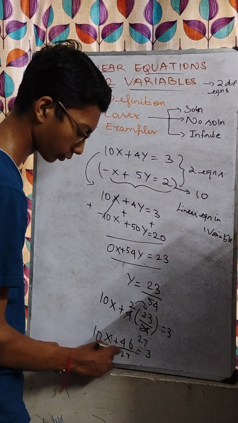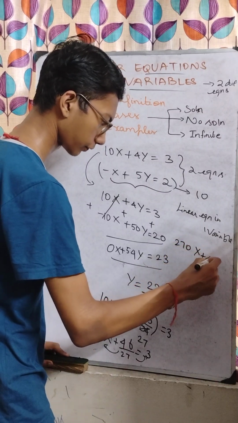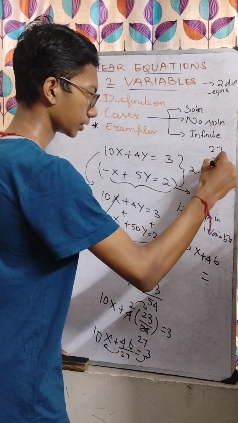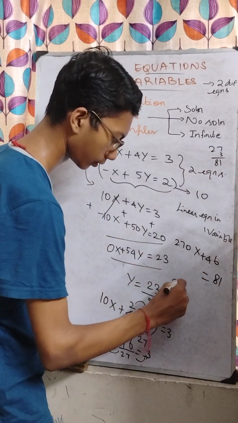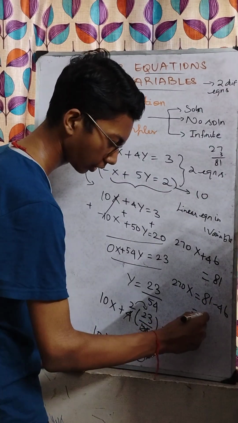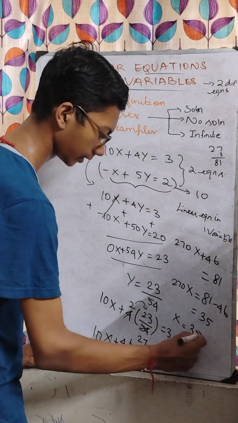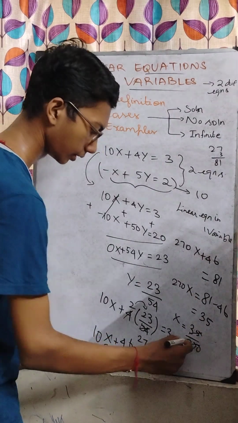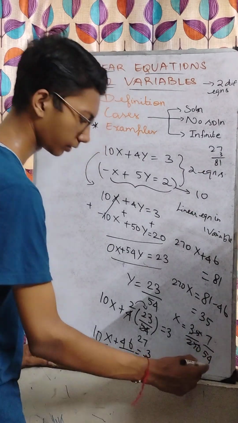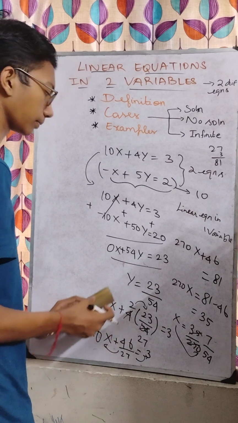Multiply 27 on both sides. 270x plus 46 equals 27 times 3, which is 81. So 270x equals 81 minus 46, which is 35. So x is 35 by 270. Dividing by 5, 7 by 54. The answer for x is 7 by 54 and for y it is 23 by 54.